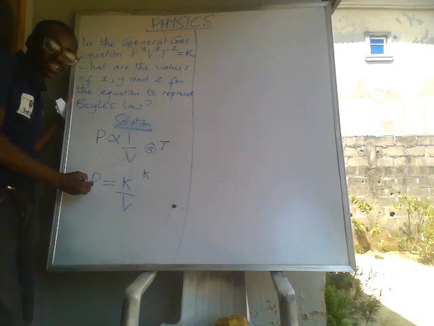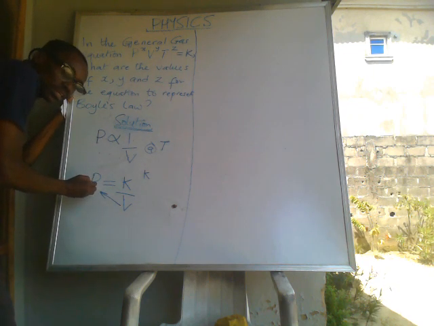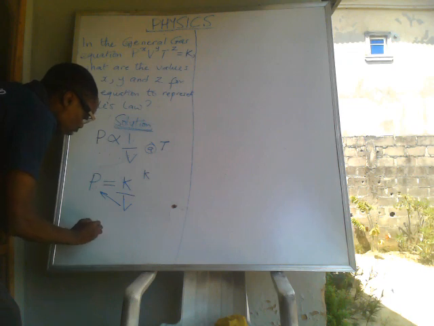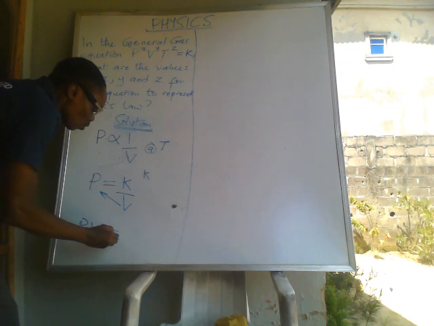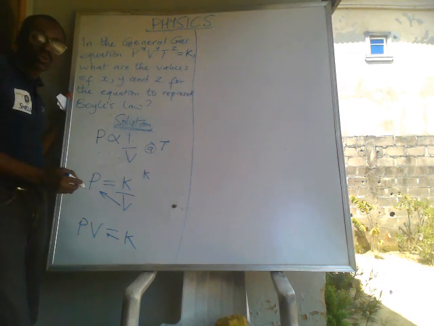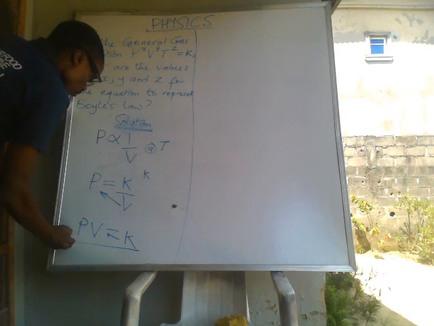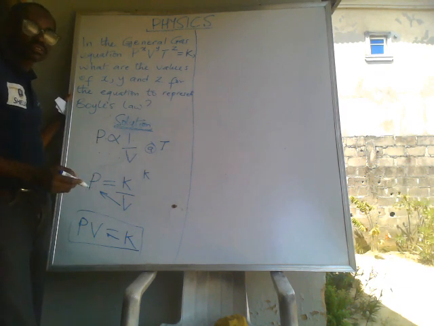If you cross multiply, PV is equal to K.